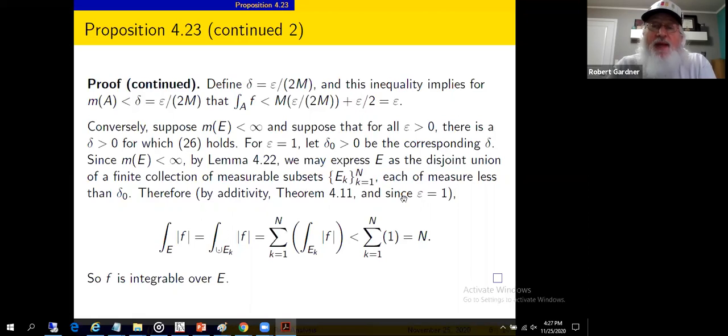It was produced based on set E and lemma 4.22. It's the number of pieces that we broke it into. But that's simply a function of set E. We get this finite bound. The integral over E of the absolute value of f is less than this bound. So f is integrable over set E. That's what integrable means: the integral of the absolute value is finite. So there's the converse.